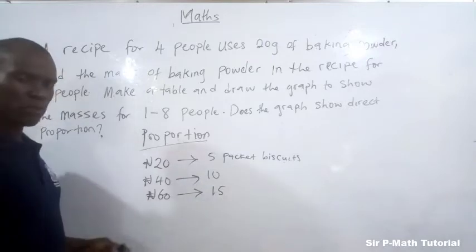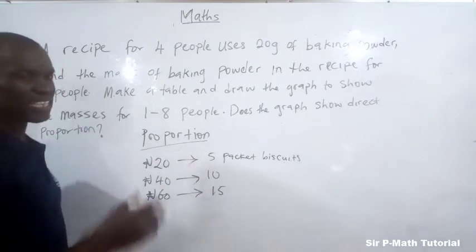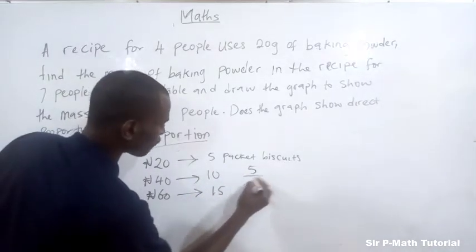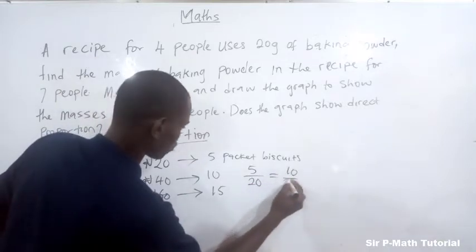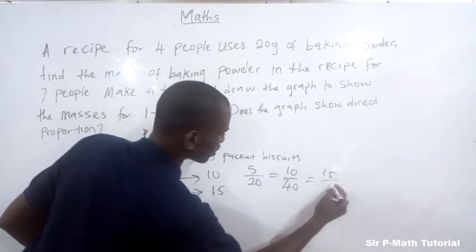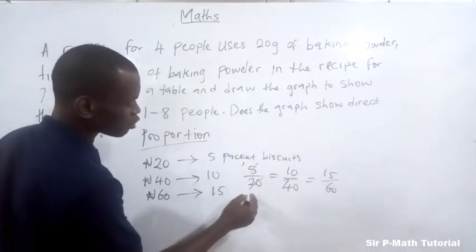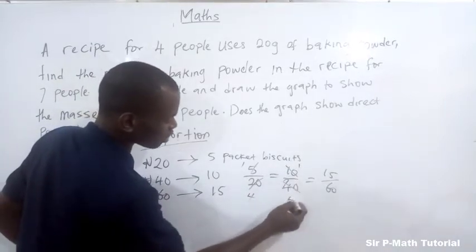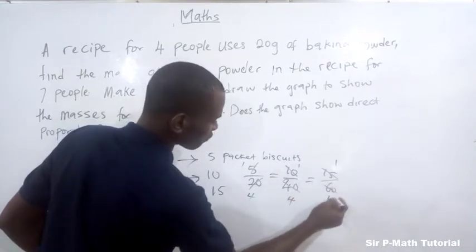Let us test the proportion, the ratio, to see if the three of them are the same, if they are increasing at the same rate. The ratio is 5 over 20 in fraction, then 10 over 40, which should be equal to 15 over 60. If I divide, 5 divided by 20 gives 1 over 4. 10 divided by 40 gives 1 over 4. 15 divided by 60 gives 1 over 4.